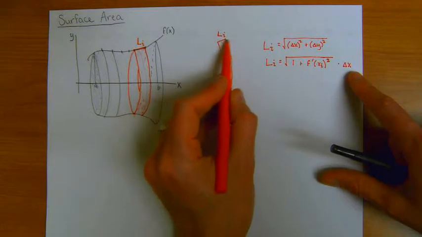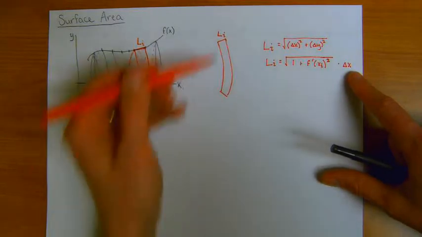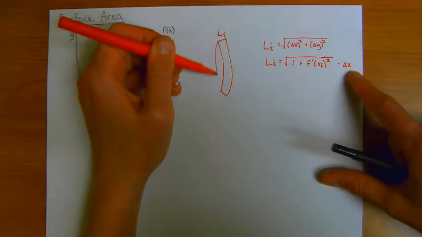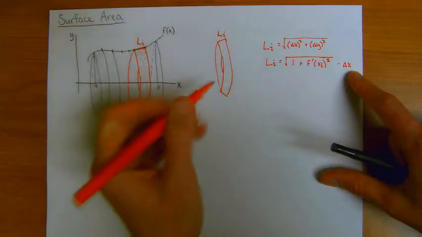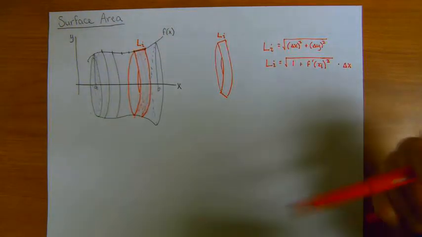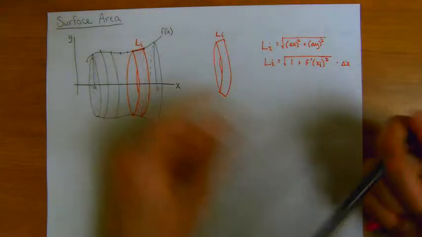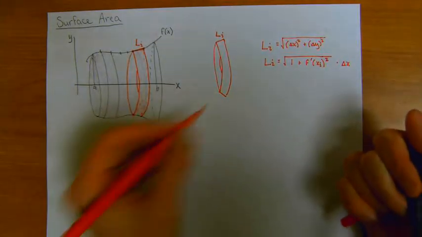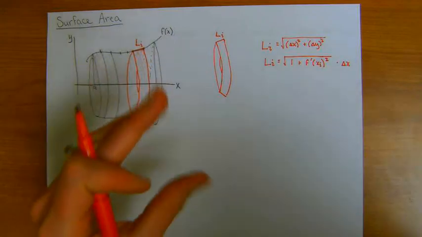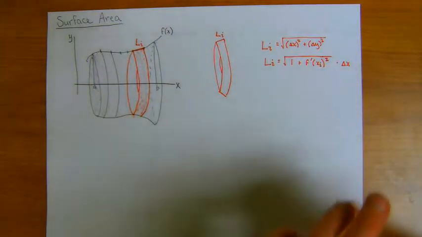So that's just what L sub i is. But we want to know the surface area of the entire band. This entire band forms a circle, a slanty, circular-shaped piece.